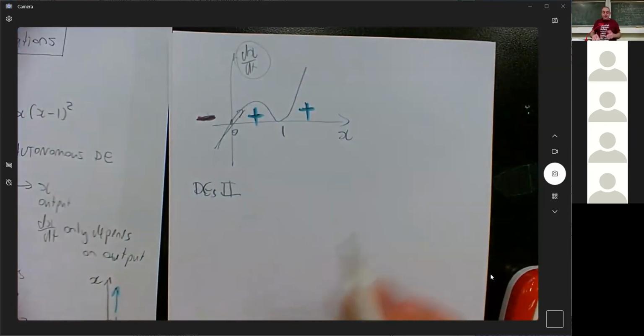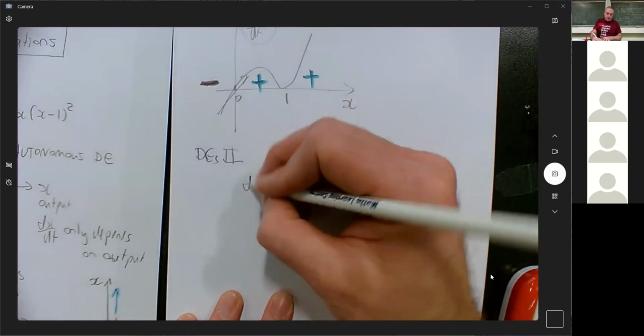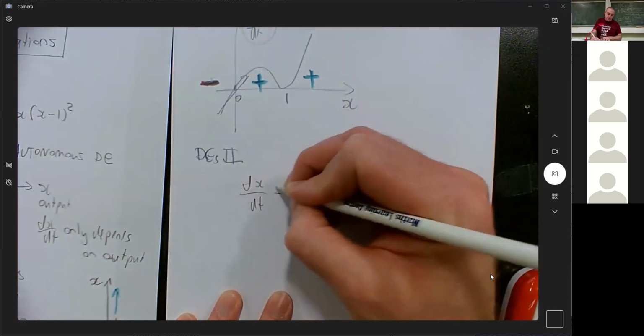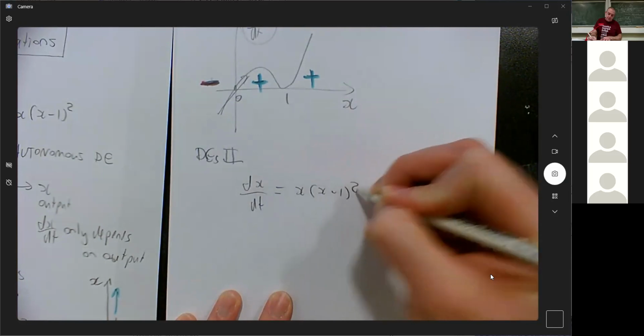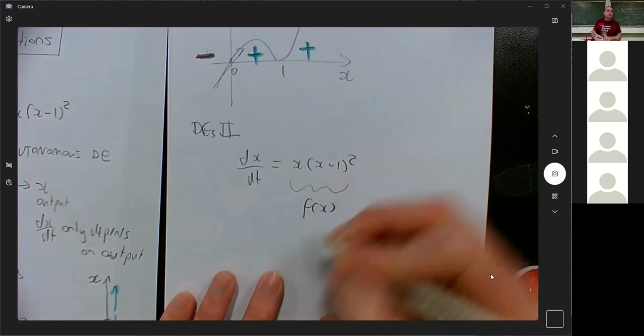And so what that means is, now here we are in DS2, we've added an extra bit of information. We call this f of x.